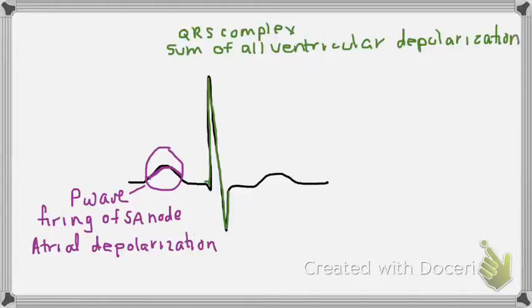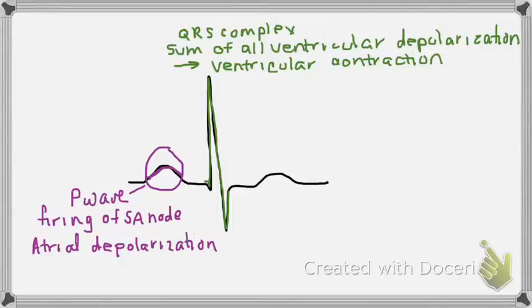And also it leads to ventricular contraction. So we're going to put a little arrow here, meaning lead to ventricular contraction. Okay, so that is what our QRS complex does.